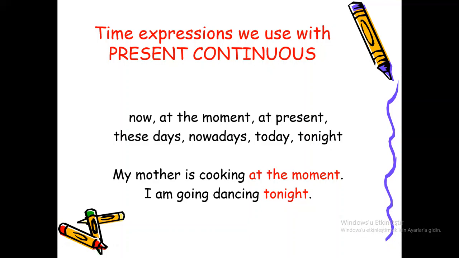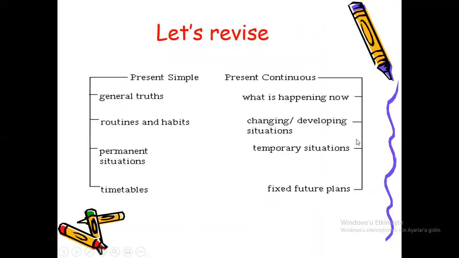What was it? Am/is/are plus verb plus ing. Like what? Like, my mother is cooking at the moment. I am going dancing tonight. Am/is/are, verb ing.